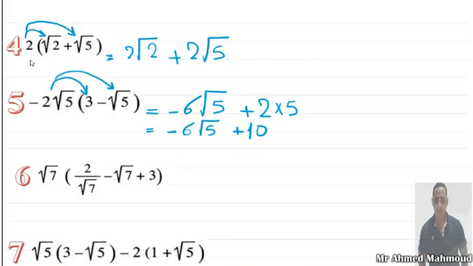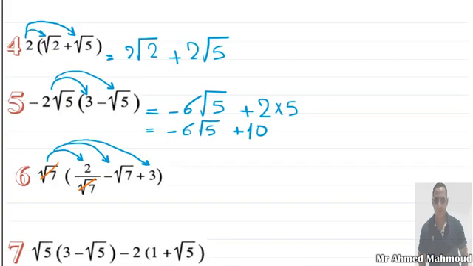Okay, the next one, I'm going to distribute root 7 times 2 over root 7, and root 7 times root 7, and root 7 times 3. The first one, here we have root 7 times 2 over root 7. I will cancel root 7 with root 7.